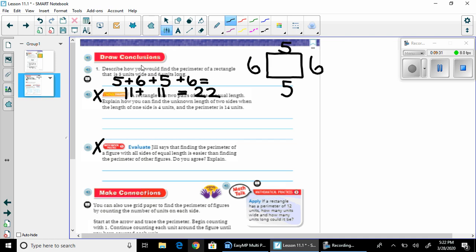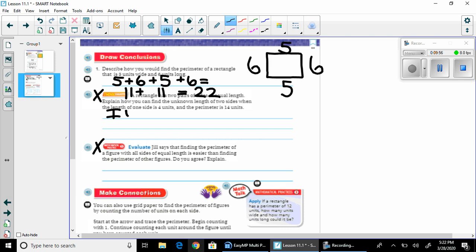Okay, so if I go back up to my question, it says, describe how you would find the perimeter. So what we can write so that we make sure that we answer our question fully is, we'll write it down below since I have a little room down here. We'll write, I will add up all the sides to find the perimeter. I'll just use these lines right here.